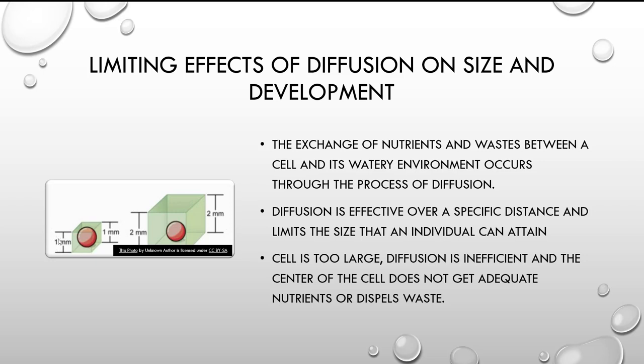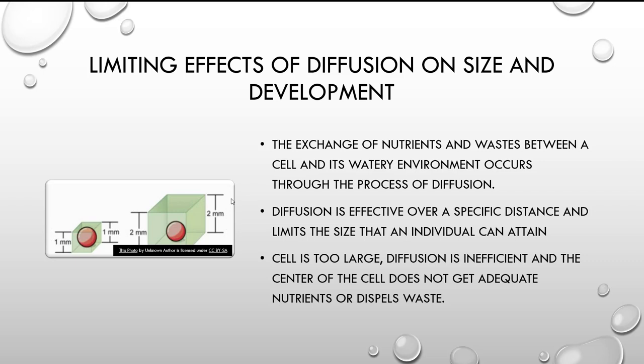Okay, whereas a smaller cell has a larger surface area to volume ratio in order to get the nutrients into the cell, or into the center of the cell, I should say. If there's waste products being produced in the center of this cell, it's a longer distance to get the waste products out to the surface to be expelled. Okay, so the larger the cell, the more inefficient diffusion is. So that limits the size of the cell itself.